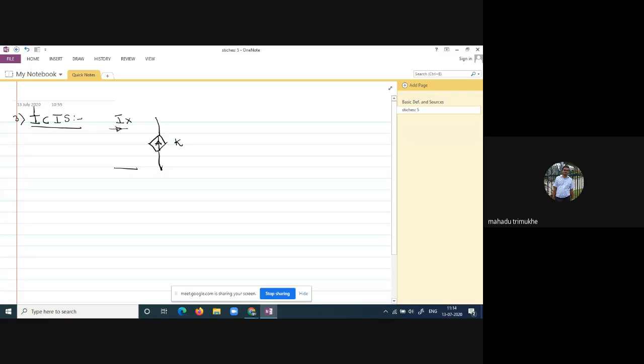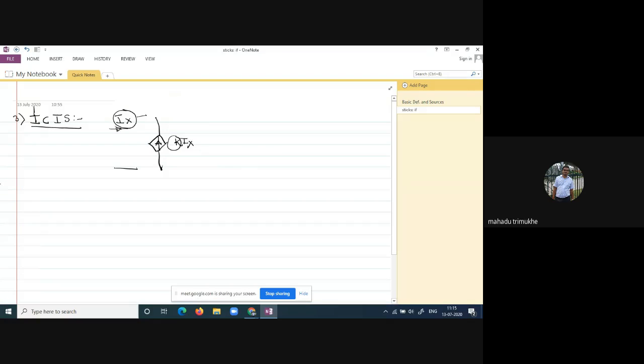Means this current source K depends on some other current present in the electrical network, that is K into Ix. Ix is nothing but your controlling parameter. This current source is totally dependent on whatever current is present in the electrical network. The present current in the electrical network is Ix, right?